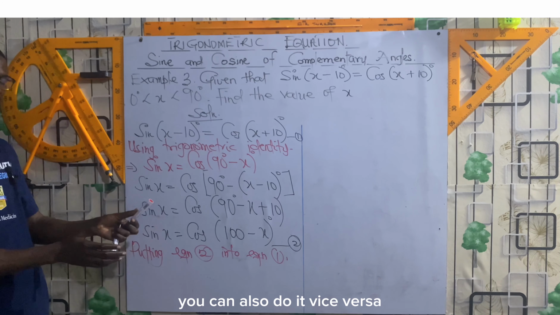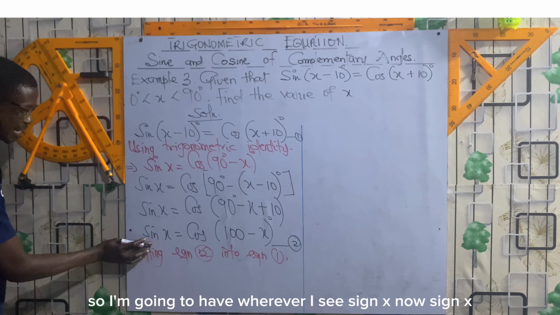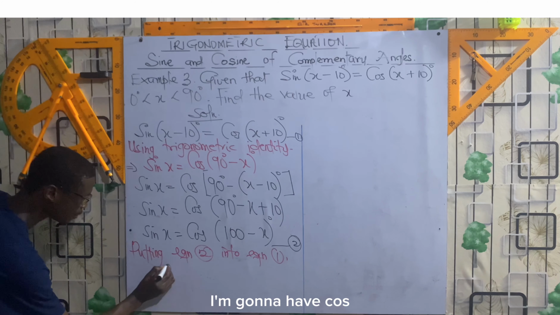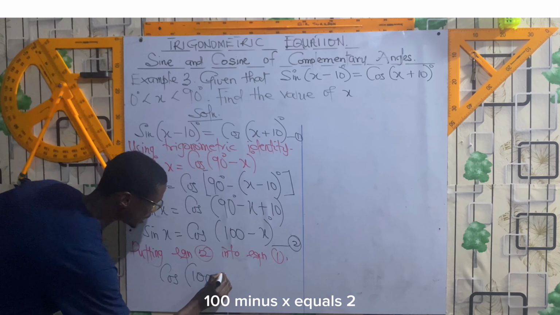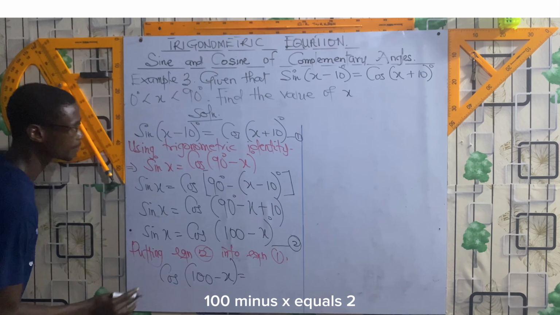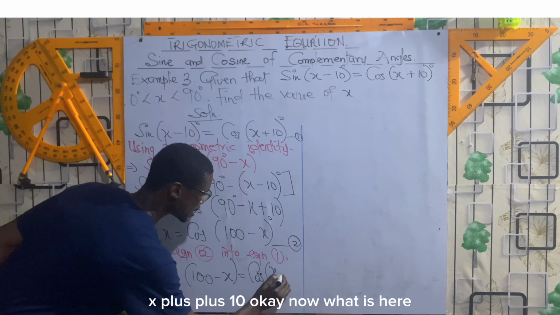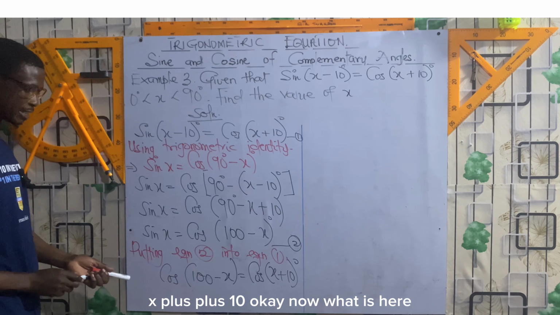You can also do it vice versa, no problem. Okay, so I'm going to have, wherever I see sine x now is going to be what? Cos of this. I'm going to have cos 100 minus x equal to cos x plus 10.